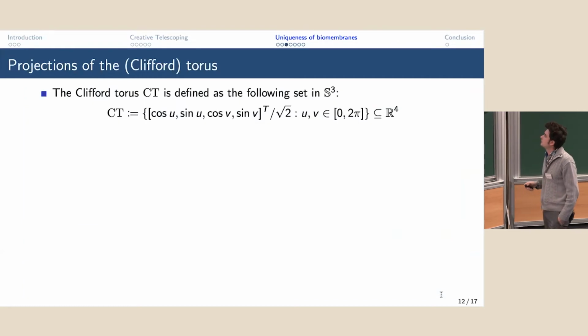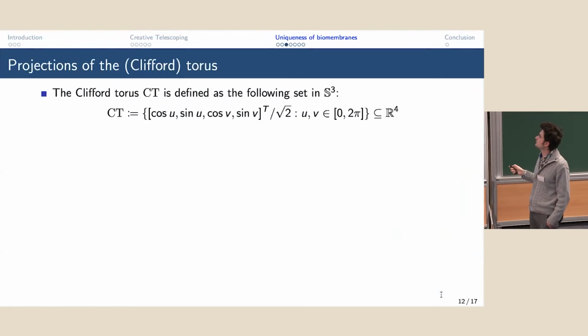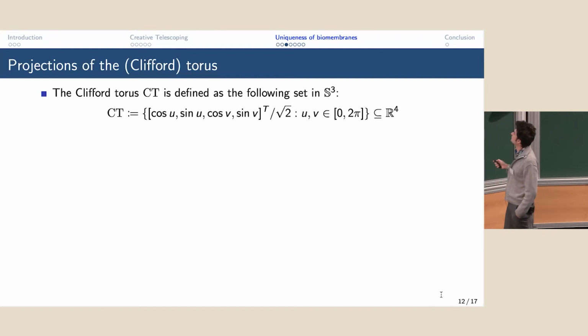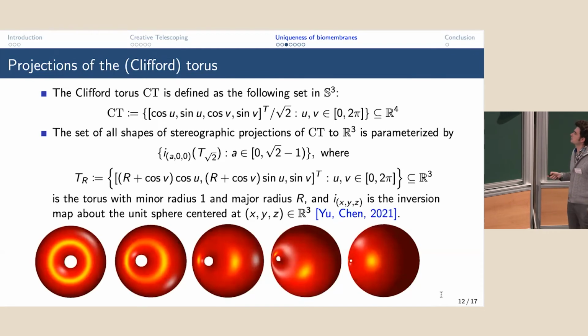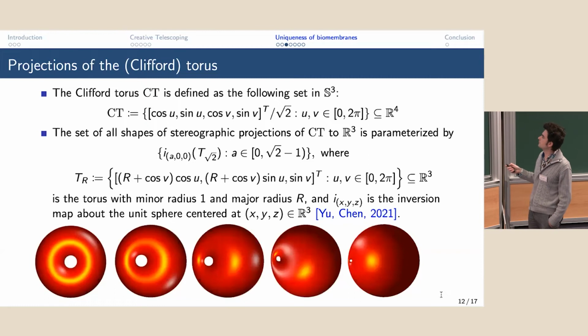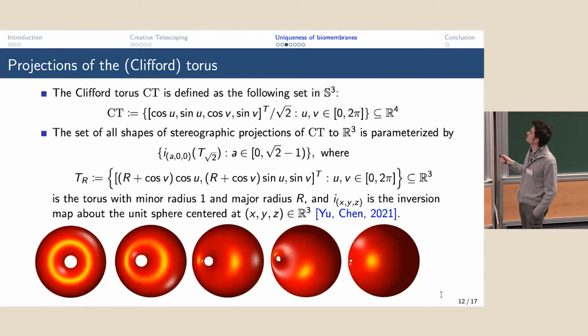So, about the Clifford Torus, let me define it. The Clifford Torus is the set in R4 defined like this. So it's a subset of the sphere in R4. And the projections of it are, as I mentioned before, parameterized by the following set.